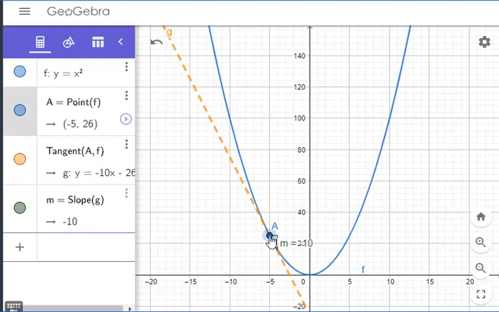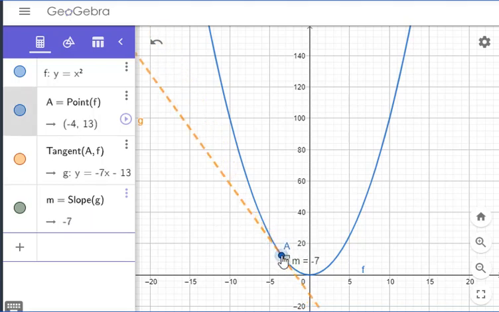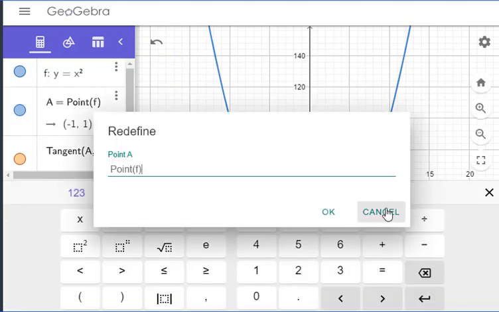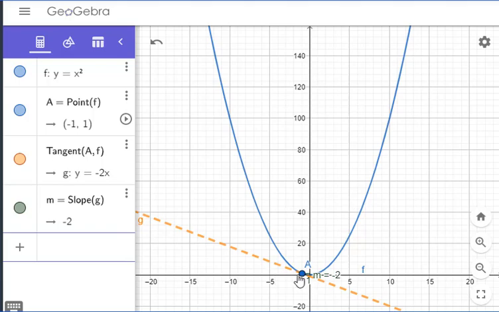When x equals negative 1, if it's hard for you to locate this (negative 1, 1), you can zoom in.